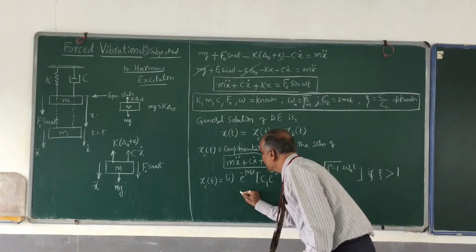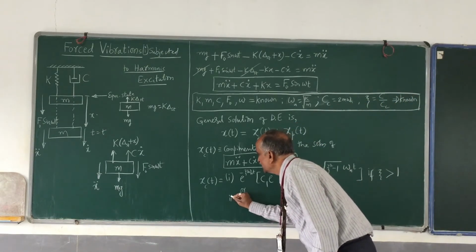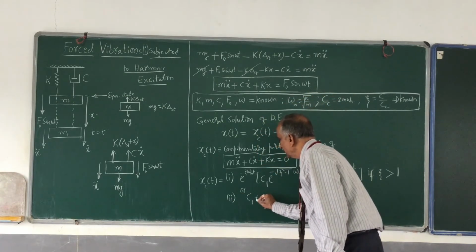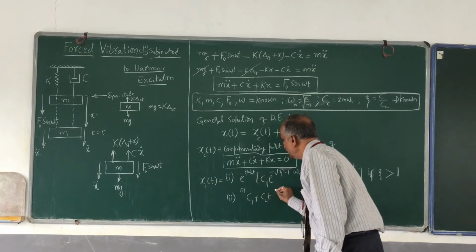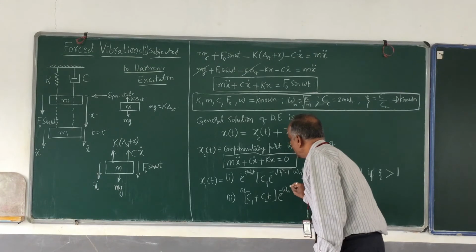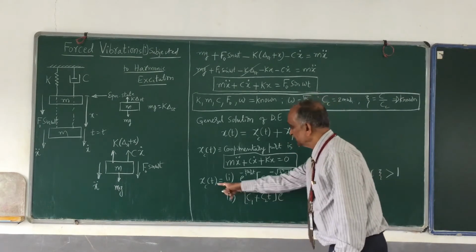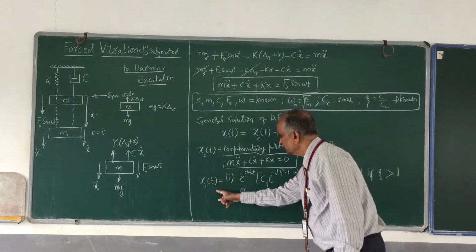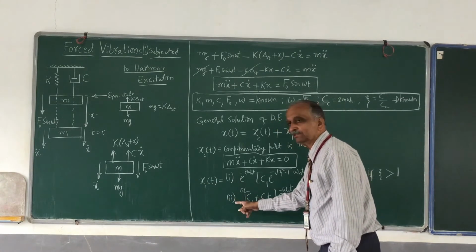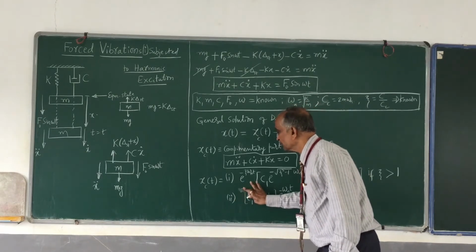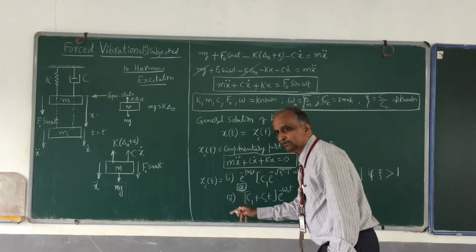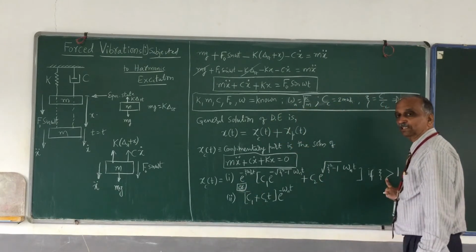Or number 2: if zeta is equal to 1, then xc of t is equal to c1 plus c2 t into bracket e raised to minus omega n t. Please remember the left hand side is xc of t. I am writing one or the other, and you have to check the zeta value to see which is applicable.